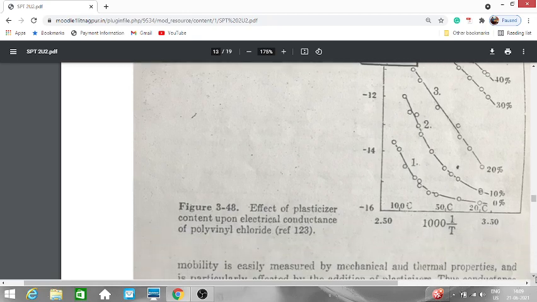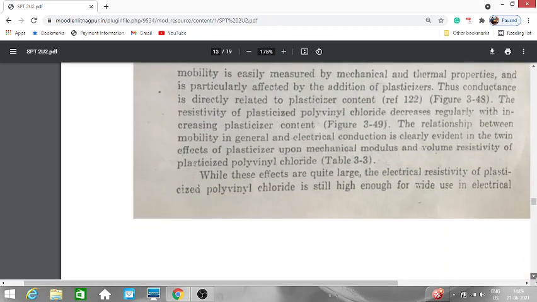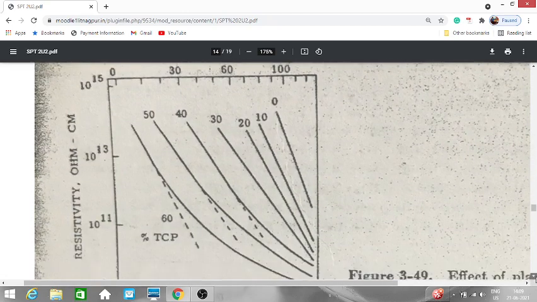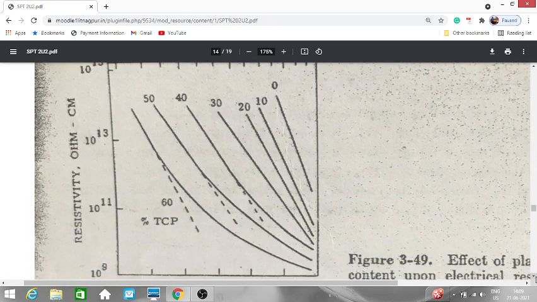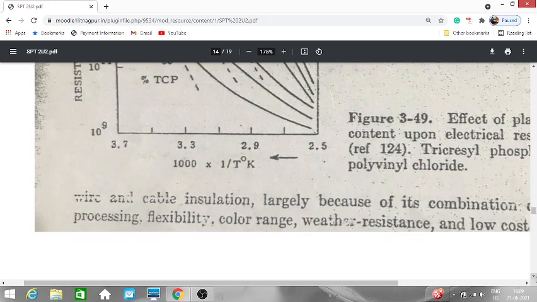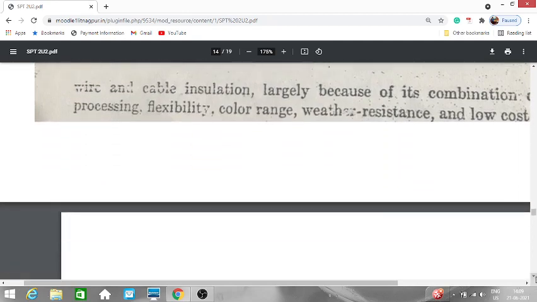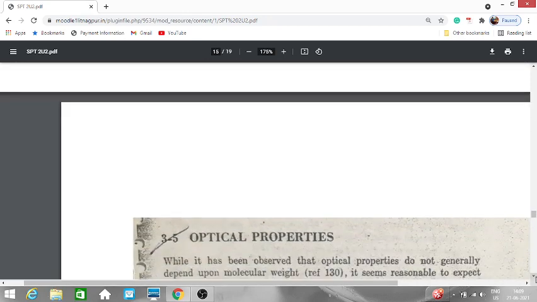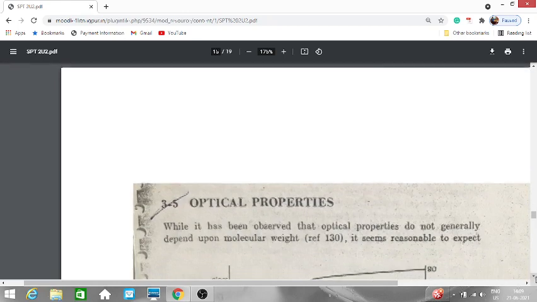More the plasticizer, more the conductance. Resistivity goes on decreasing, more the plasticizer content, and conductance goes on increasing with more the plasticizer content.